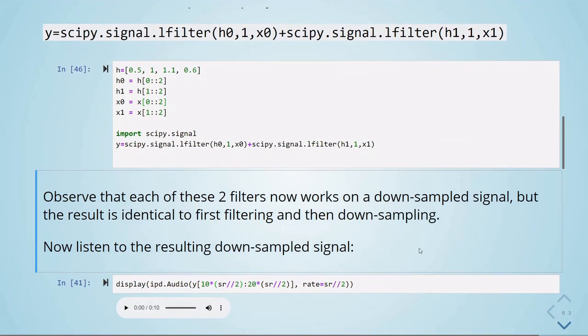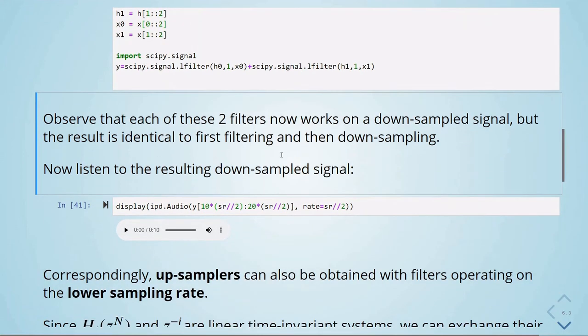Observe that each of these two filters now works on a downsampled signal, but the result is identical to first filtering and then downsampling, and we can listen to the result. So we see that the sampling rate now is half of what it used to be, and we also have this filtering.